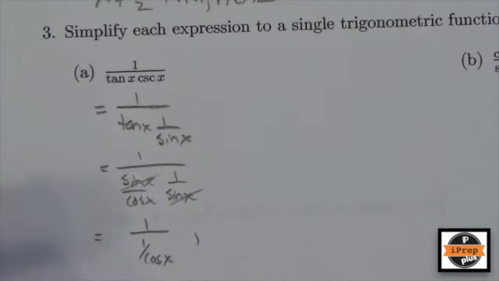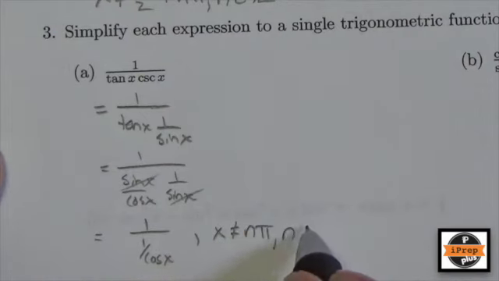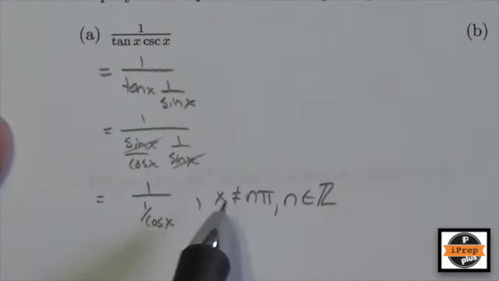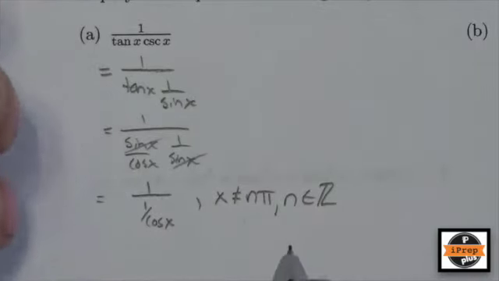That will only be true as long as the sine of x doesn't equal 0, which means that's only going to be true so long as x does not equal n pi, where n is an element of the integers. So long as x isn't 0 or pi or 2 pi or whatever, because all of those have sines of 0.